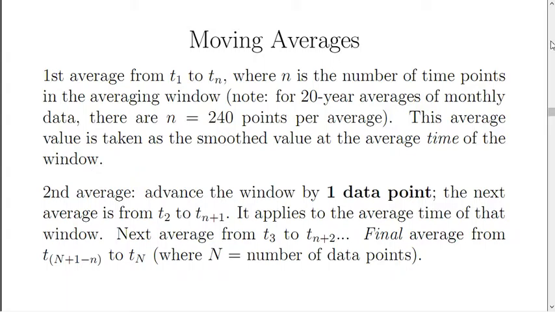Something to notice is the very first average is the data from 1 to 240. The very next average is data points 2 to 241. Each one of those is an average over 240 data points, but they have 239 out of 240 data points in common. There's a great deal of overlap between nearby windows in moving averages.